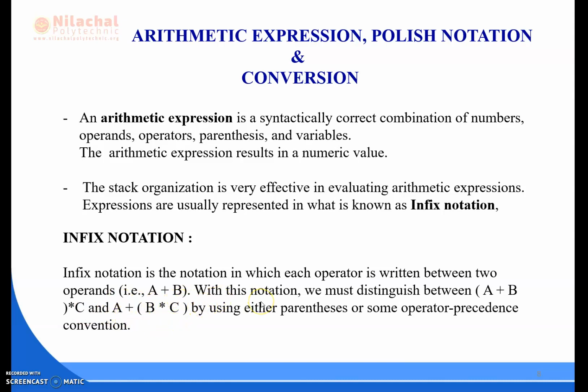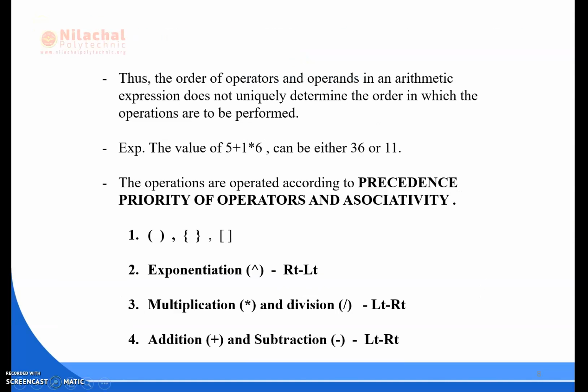This can be differentiated by parentheses or some operator precedence conventions. Thus, the order of operator and operand in an arithmetic expression does not uniquely determine the order in which the operators are to be performed.